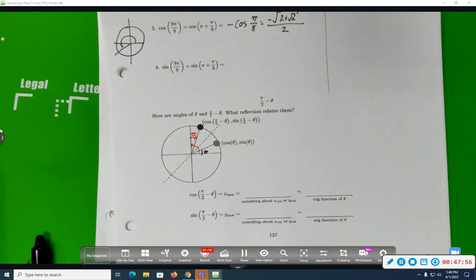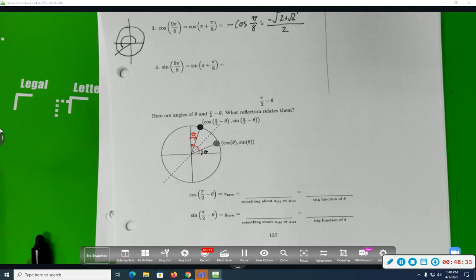So just by looking at that diagram, what symmetry relates those two lines? Or what symmetry of the plane? How does one of those lines go to the other? Reflected over the, they're saying reflection over this dashed line, right?